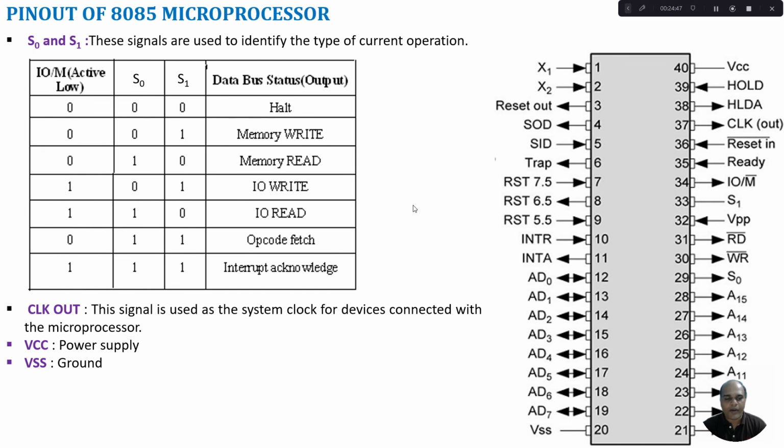Then we have the power supply lines. VCC is on pin 40 and VSS on pin number 20. VCC will be plus 5 volts and VSS will be the ground line. So these are the different functionalities of each and every pin of your 8085 microprocessor.